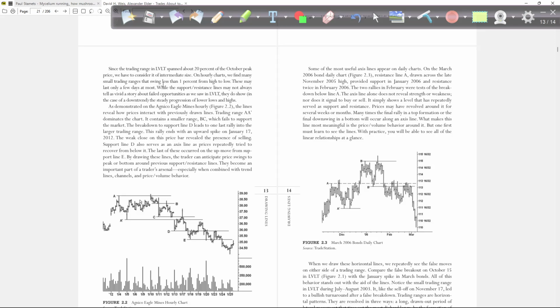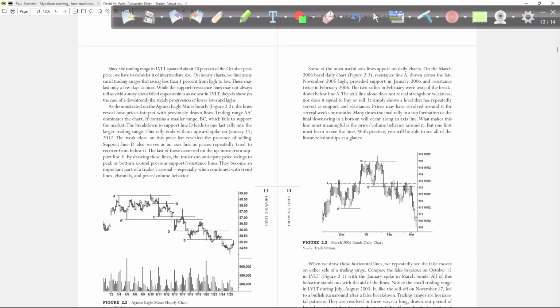On hourly charts, we find many small trading ranges that swing less than 1% from high to low. This may last only a few days at most, while the support or resistance lines may not always tell as vivid a story about failed opportunities as we saw in LVLT. They do so in the case of a downtrend, the steady progression of lower lows and lower highs, right?